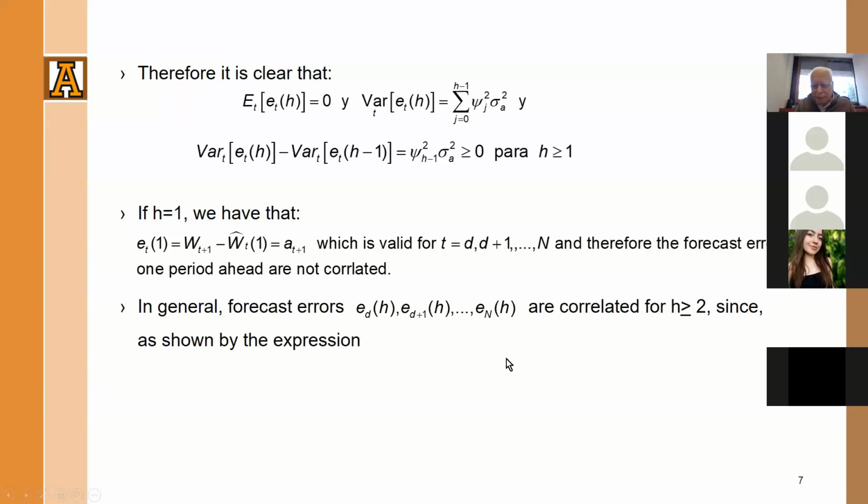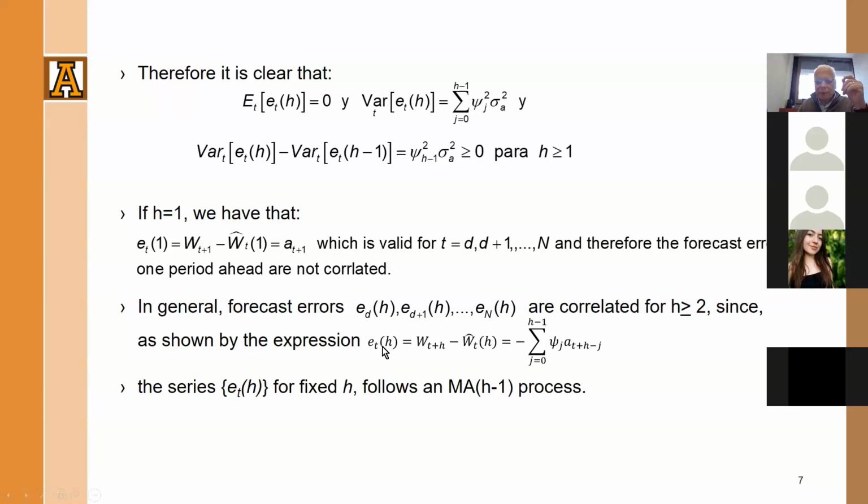But in general, the forecast errors for h greater than 1, 2 periods ahead, 3 periods ahead, and so on, are going to be correlated. Why? Because remember, the forecast error h periods ahead is w_{t+h} minus w hat_t(h), and it's the sum. Okay, so this is like an MA model with h minus 1 terms.